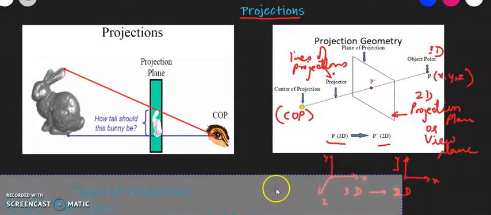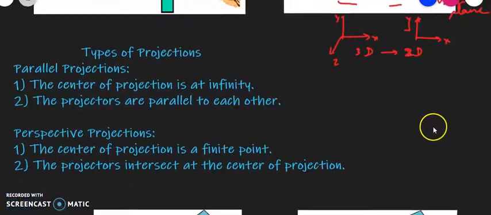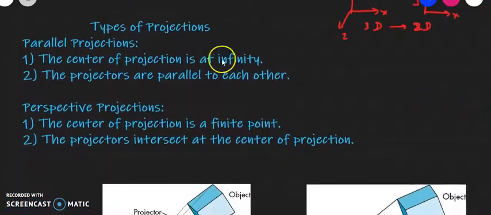Now students, we will see what types of projections are available to us. Broadly we classify projections into two types. One is parallel projection and the second is perspective projection. We look at them one by one. When I say parallel projection, the center of projection is at infinity.